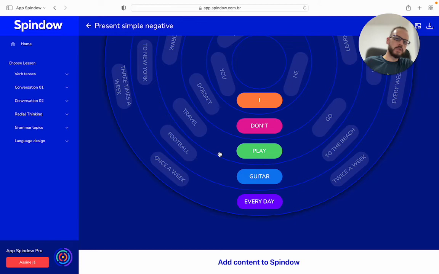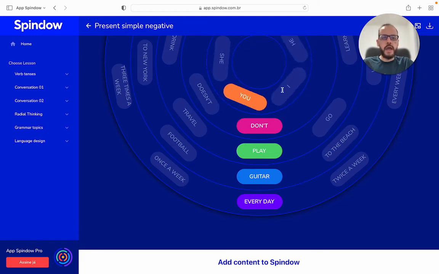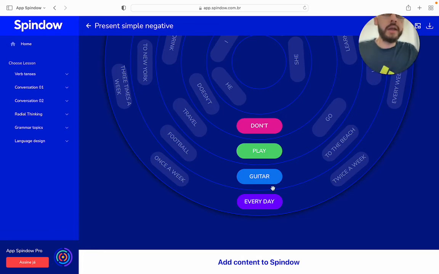Yeah, there I understood that there are these two keywords, don't and doesn't, that connect with these words here, and here then your student is able to create sentences and practice vocabulary and learn pronunciation in this specific activity about the present simple negative.